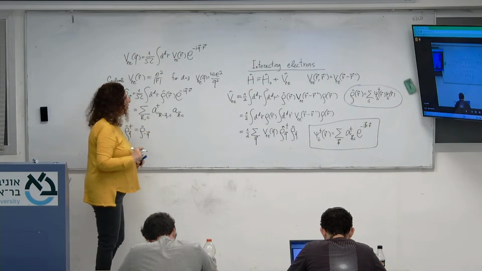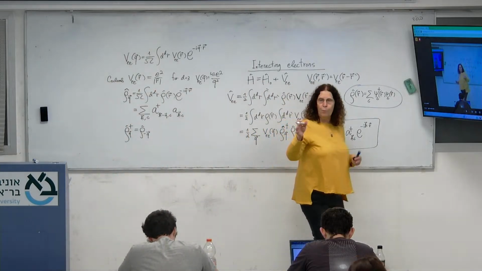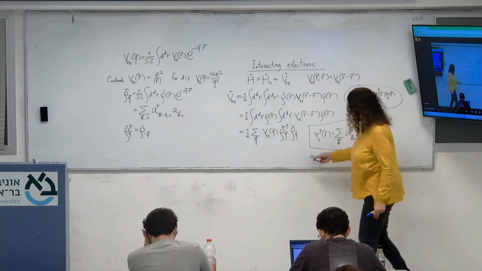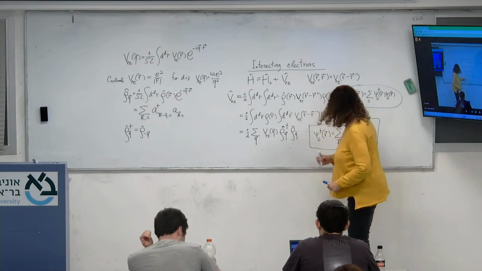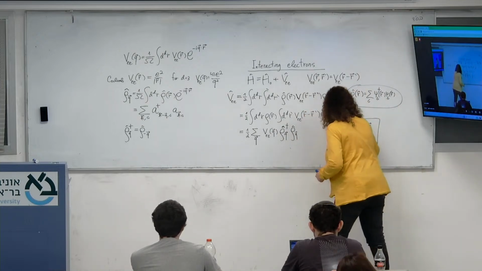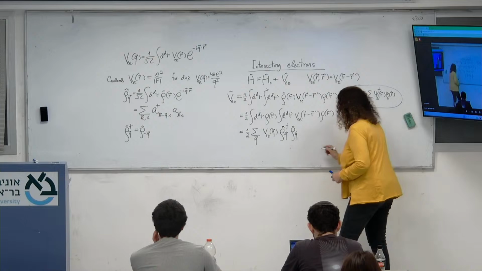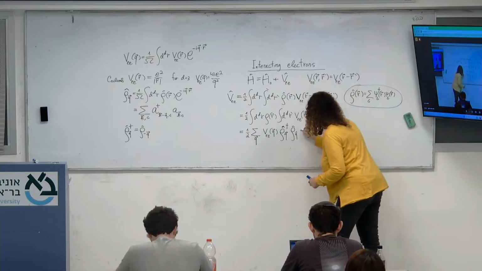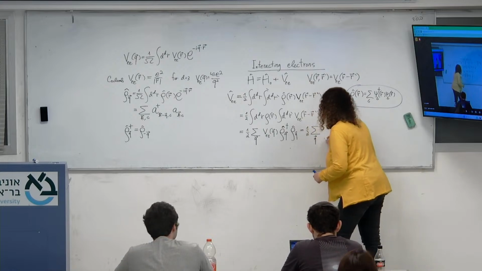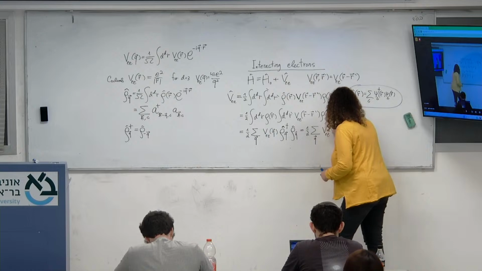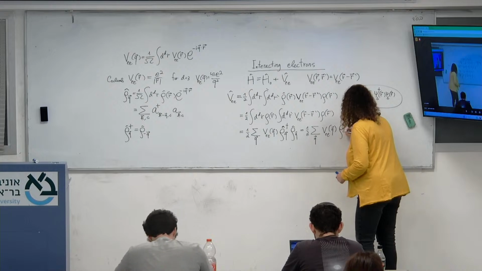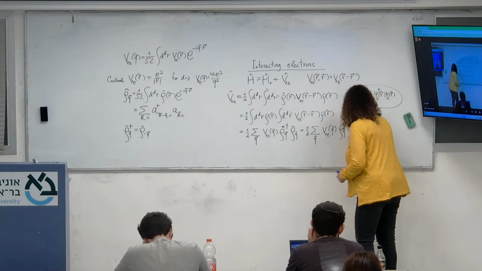Exactly for the same reason that we've seen for the operators phi and pi, the momentum and coordinate. And therefore, when I write this expression, I can re-express it as a sum over q of V of q, and then I have rho q, rho minus q.